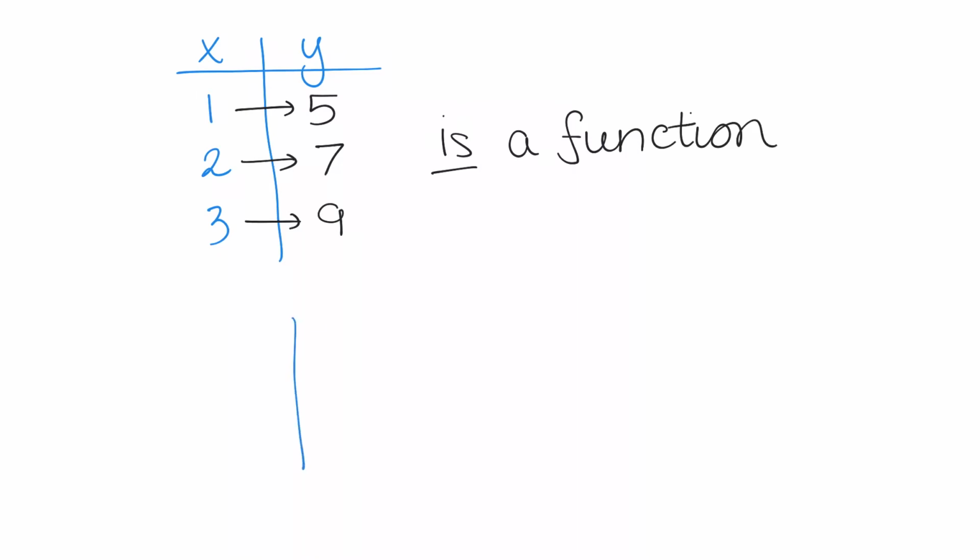It would look different if you had something like this. If you had that same 1, 2, and 3, but let's say this time your 1 could go with 5 or 7. This would make this not a function.